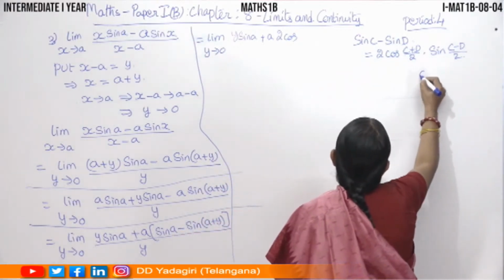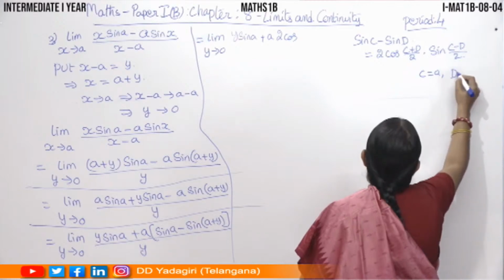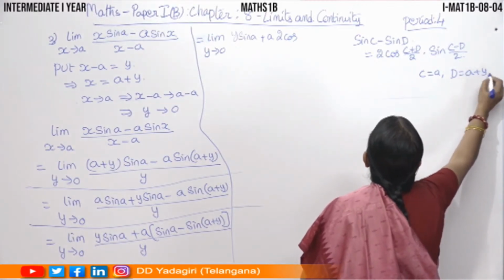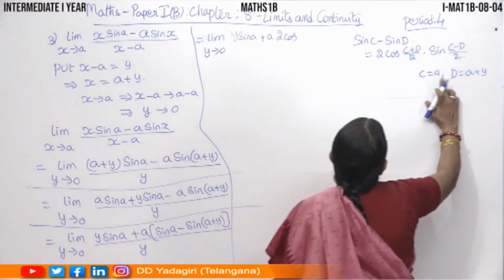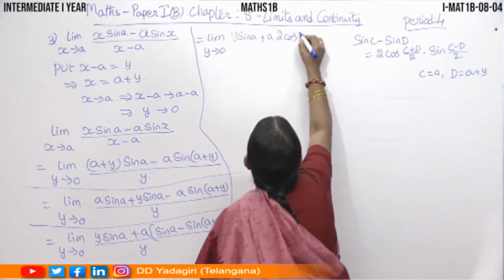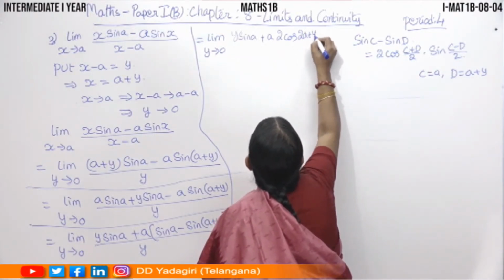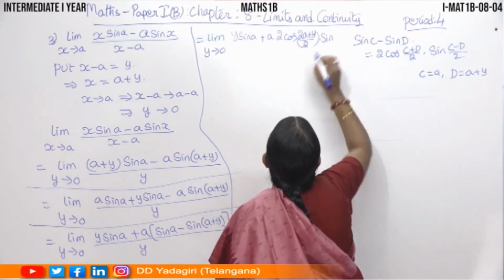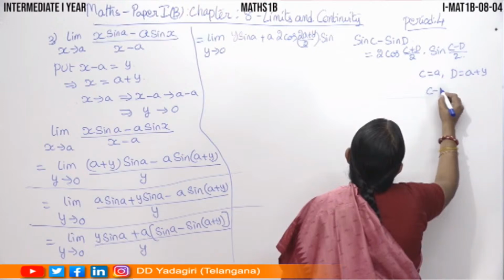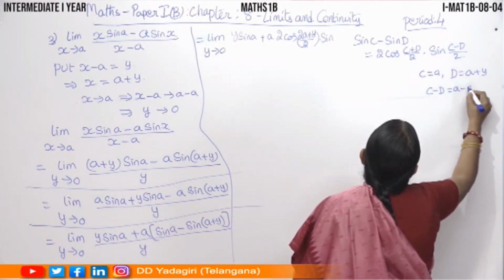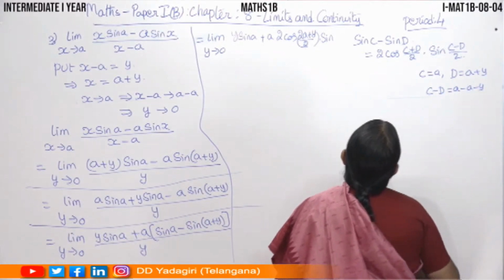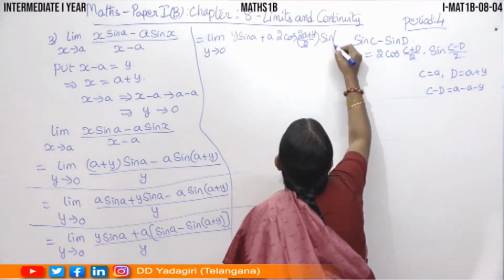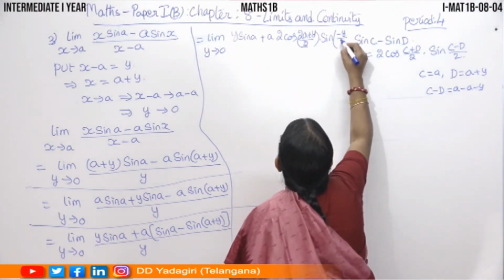Our c here is a and our d here is a plus y. So c plus d by 2 is (2a plus y) by 2, into sin of (c minus d) by 2. What is c minus d? A minus (a plus y), that is minus y, so it is minus y by 2.